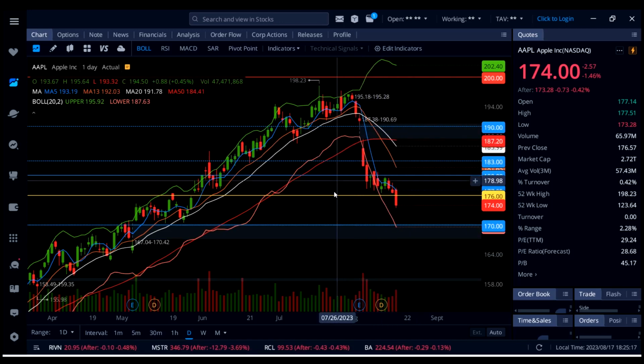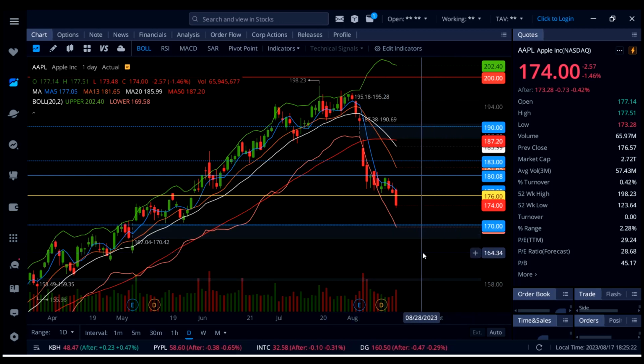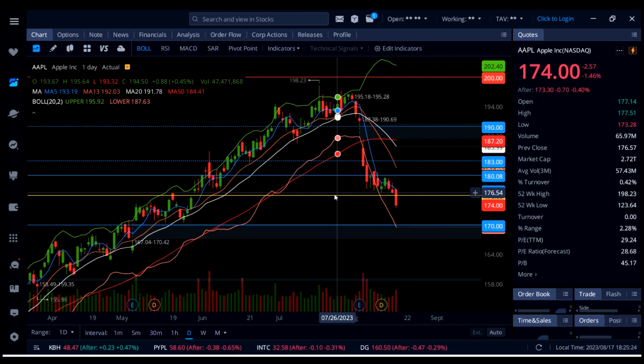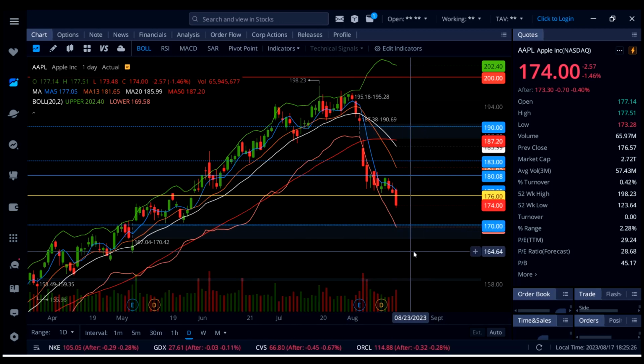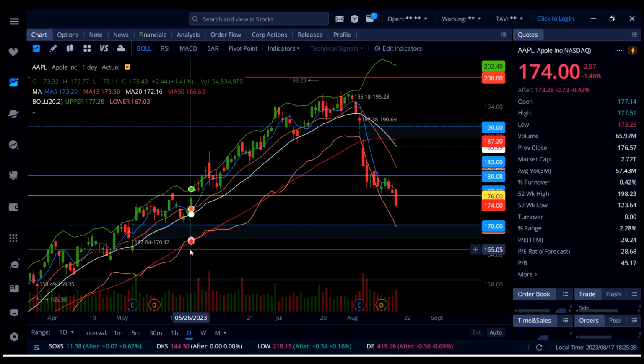So you want to wait for a bounce. Even if you want to short Apple stock, I would say wait for at least 180. If that is your game plan to short Apple, wait for 180 at least to the upside. Now to the downside, 170 is going to be the next key level here on Apple stock, and just below that we have this gap at 167 right here on Apple.